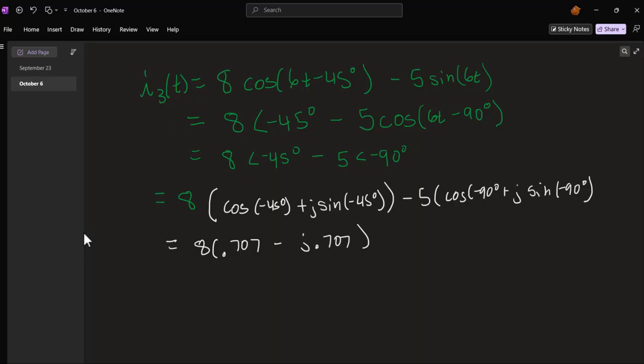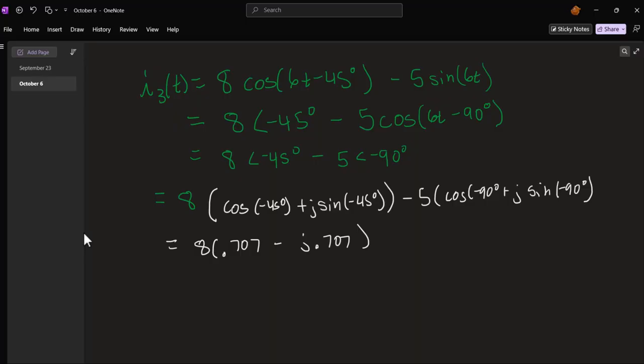Now, when you have something in a plus bj form, the magnitude is the square root of a squared plus b squared.